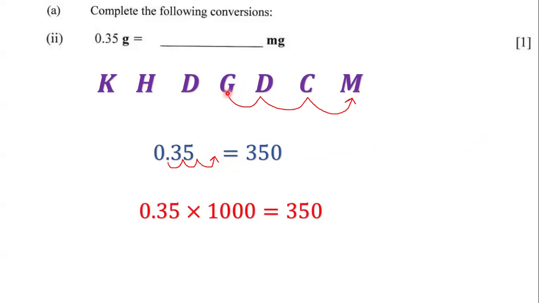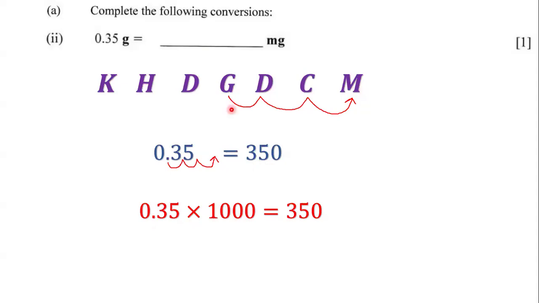All right, so we move over 3 times. Is it 3 times to the left or 3 times to the right? To the right. Very good. And since we move over to the right, do we multiply or divide? Multiply. So we have 0.35 multiplied by 1,000.